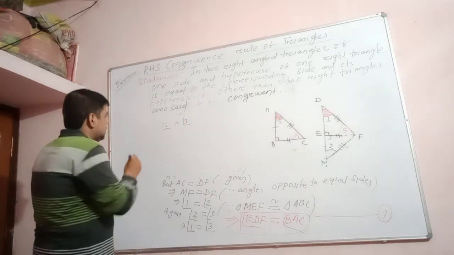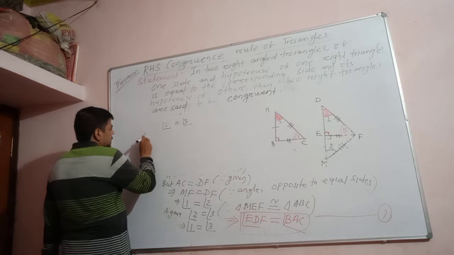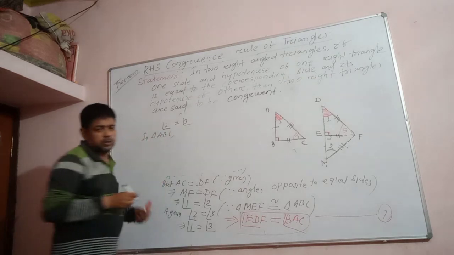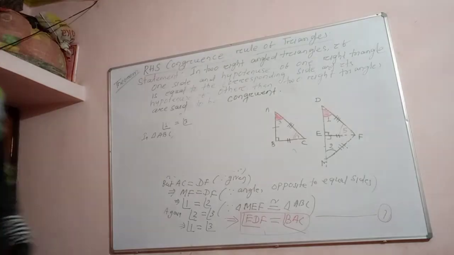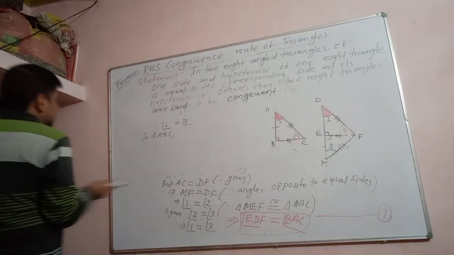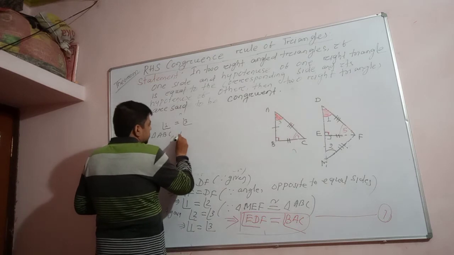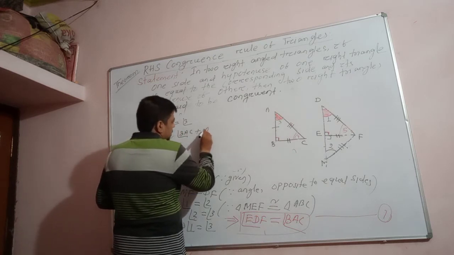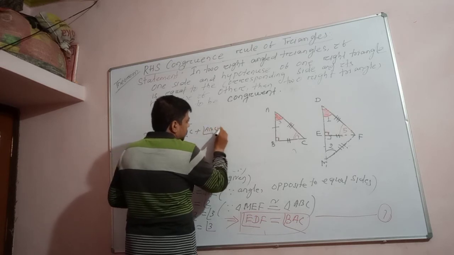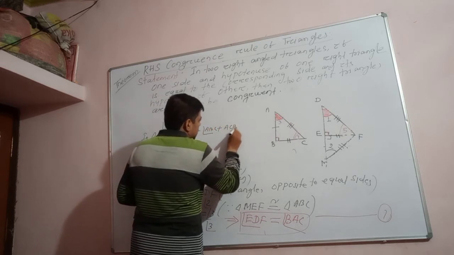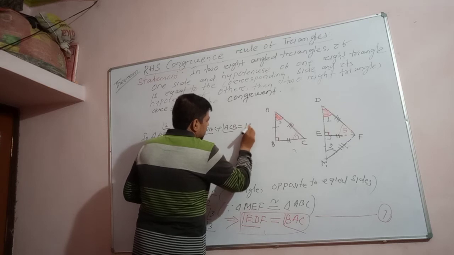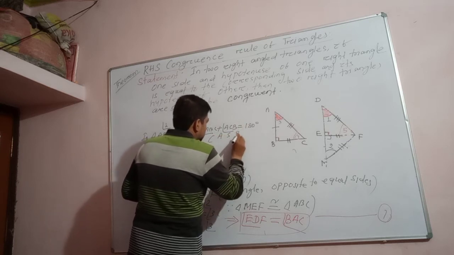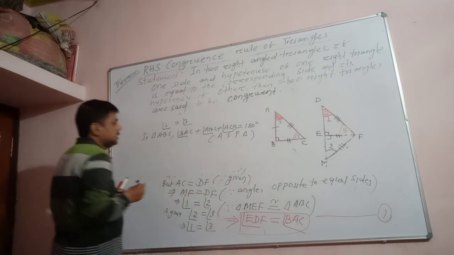Okay. Now in triangle ABC, the BAC angle plus ABC angle plus ACB angle is equal to 180 degree. This is the angle sum property of triangle.